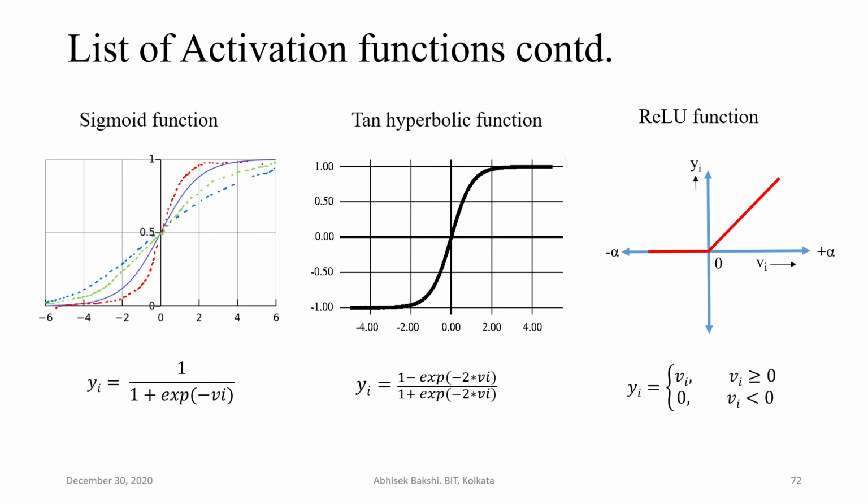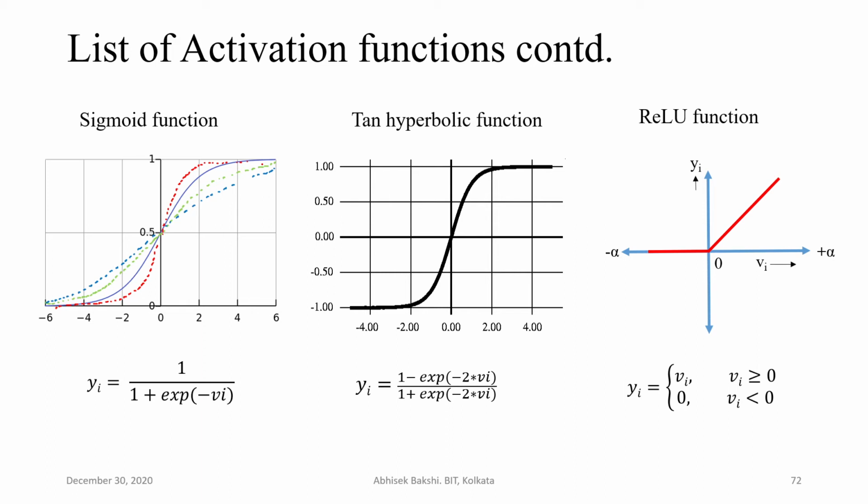It can take any value from 0 to 1, because a particular output feature may not have a value of only 0 or 1, maybe something between 0 and 1. In that case this sigmoid function will work fine.